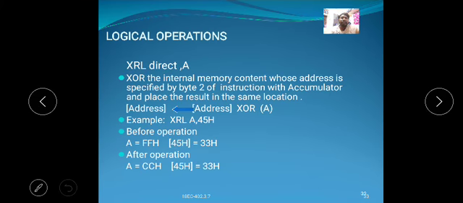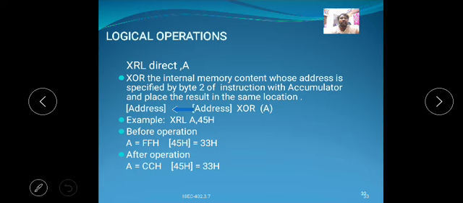XRL direct, A. XOR the internal memory content whose address is specified by byte 2 of the instruction with the accumulator and place the result in the same location.